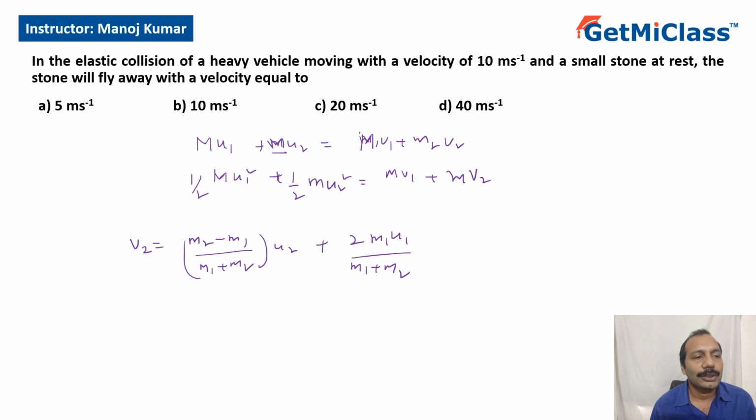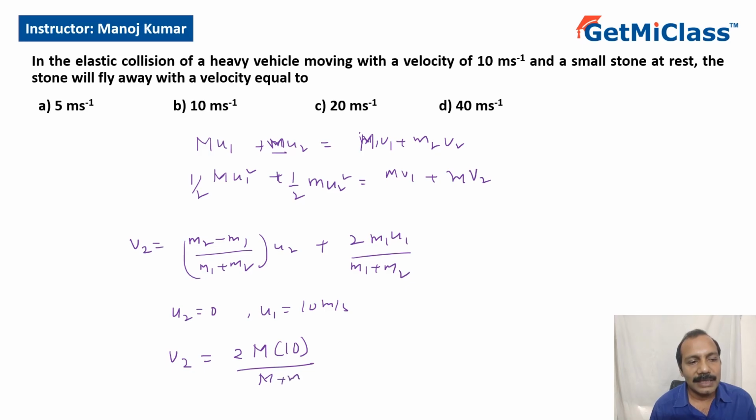We know u2, initially it is at rest. Other thing that we know is, what is u1? u1 is equal to 10 meter per second, that is the velocity of the first body. That's it. So I'll have v2 equal to 2 into mass of the first body into 10 by mass of the first body plus mass of the second body.